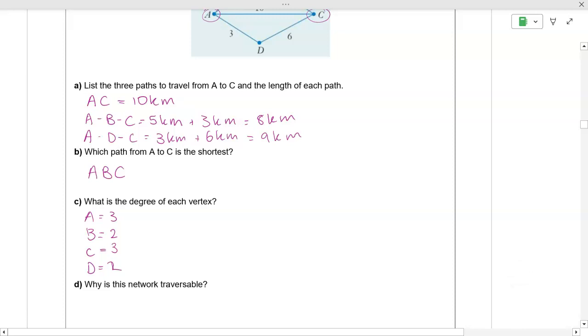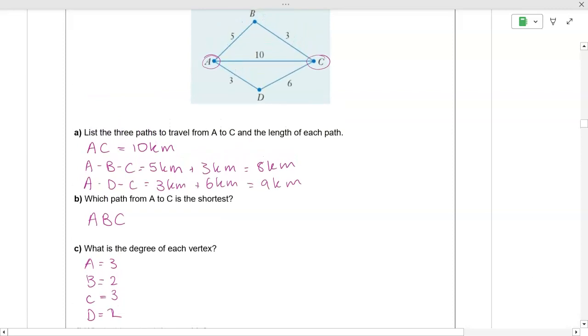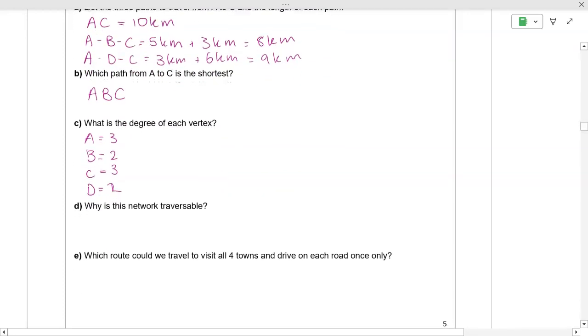Now it says, why is this network traversable? So if we think back, remember traversable means that if you can traverse a network, it means you can visit all vertices by traveling along every edge exactly once. So if we were to draw on this, I'm traveling to each vertex exactly once, and I'm covering each of those edges, and I haven't gone over any, like, doubled up on any. So why is it traversable?